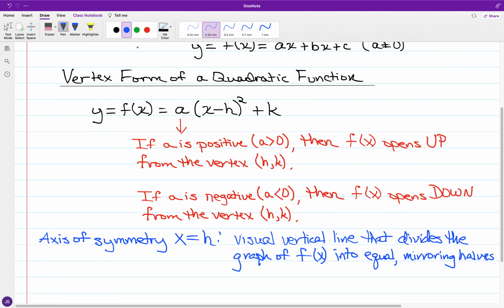And for what we have in the case of h and k, again, that is going to be the vertex. And as already stated, this is going to be the point from which f of x opens.